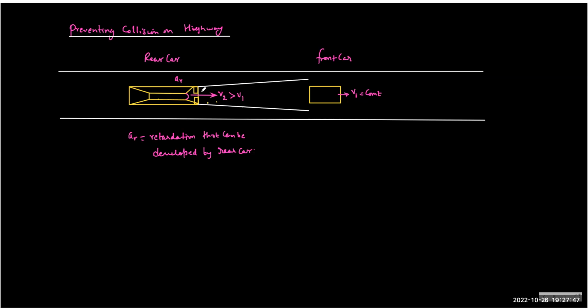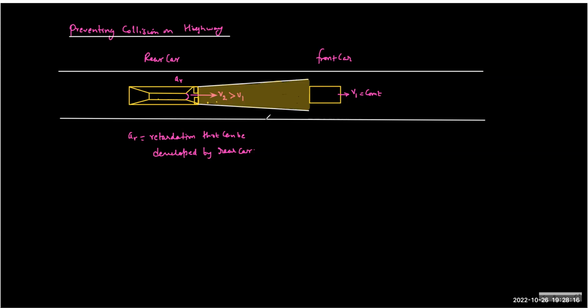So here's the scenario. This is the headlight of the car. And the moment the front car comes in the range of the headlight of the rear car, you realize that, oh my God, now there is a car and you need to prevent the collision.